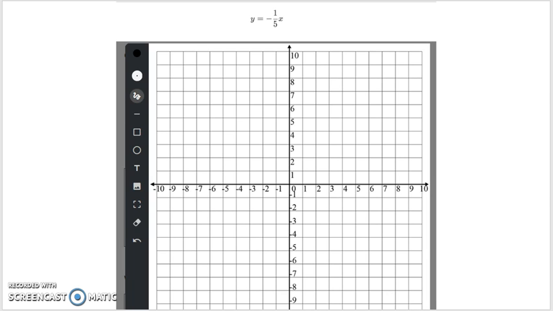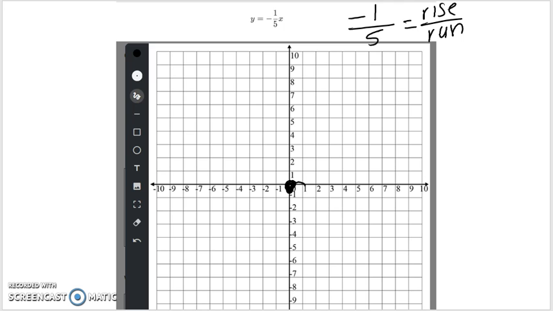Number 6, same thing. We're going to start at 0, 0. So we'll put our first coordinate at 0, 0 because we know it's proportional. This time, though, the slope is negative 1 over 5. So when I rise, it'll actually be going down 1.